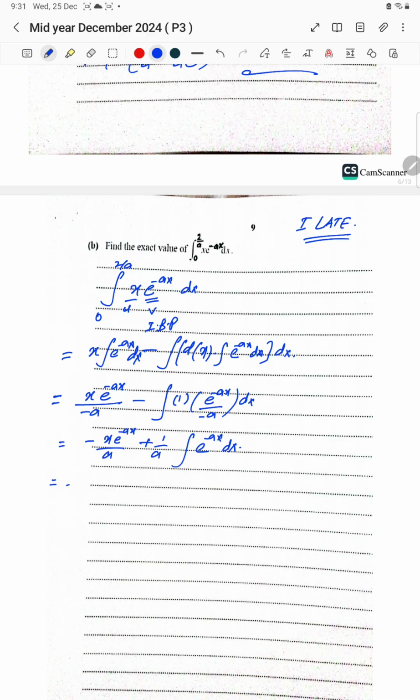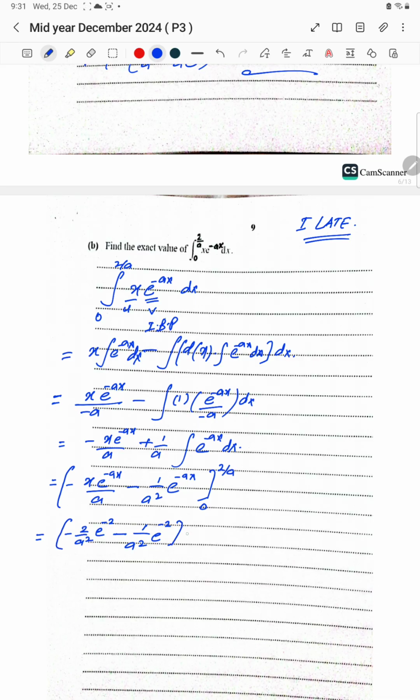Now this integral will be minus x e raised to power minus ax over a minus 1 over a square e raised to minus ax, and here the limits are 0 to 2 over a. First apply upper limit minus lower limit, so minus 2 over a square e raised to power minus a cancel, minus 2, minus 1 over a square e raised to power minus 2.